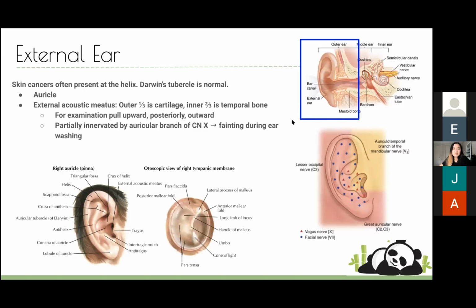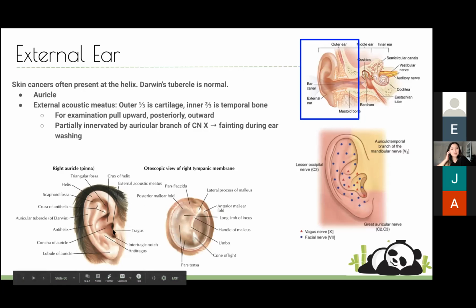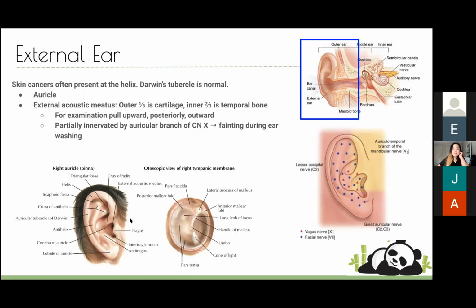So starting with your external ear, skin cancers present often at the helix, which is here. I don't know why I started with that point. You've got your auricle and your external acoustic meatus. The external acoustic meatus is just the hole and the first part of the tubing, and your auricle is the bit that you can grab.